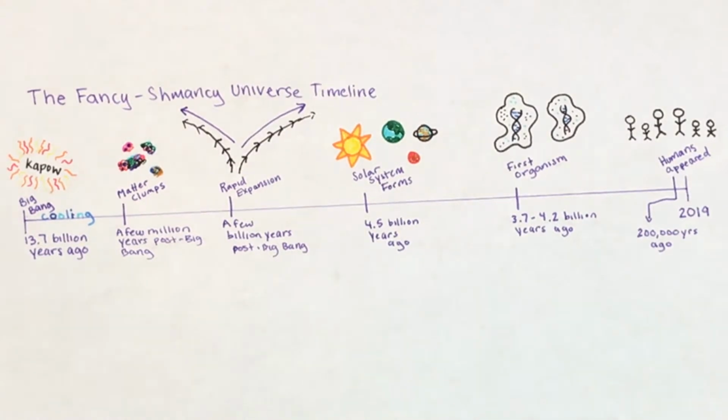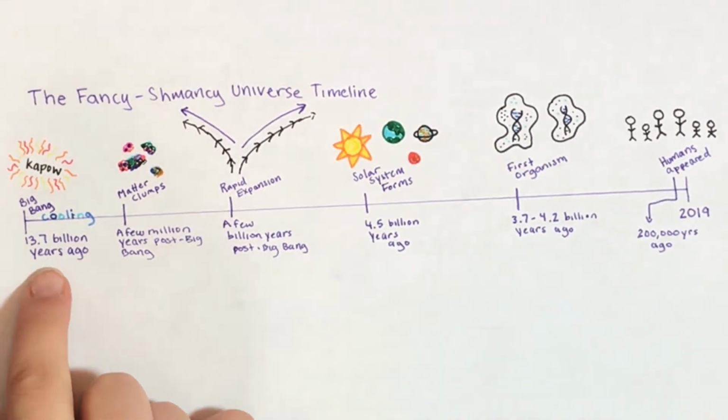First, before we get into why this occurs, here's a brief sped-up timeline of the universe. So here is my fancy schmancy universe timeline, and I'm hoping that it will give you an idea of the time period I'm talking about when homochiral molecules became affected by what I will be explaining later in the video.